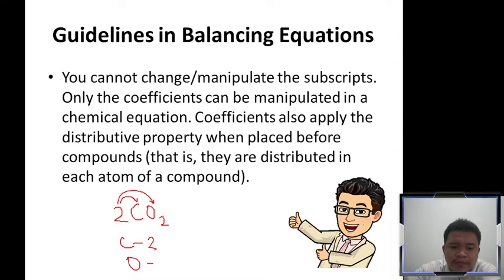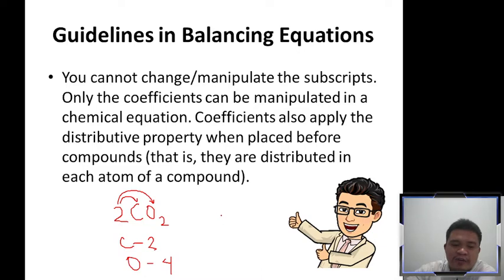There is a subscript 2 in oxygen, and there is also a coefficient here. Now, in this case, all you need to do is just multiply the coefficient and the subscript. So as you can see, 2 coefficient distributed to oxygen, so that becomes 2. But since it has a 2 subscript, you have to multiply it with 2. So 2 times 2, so that means oxygen here is 4.